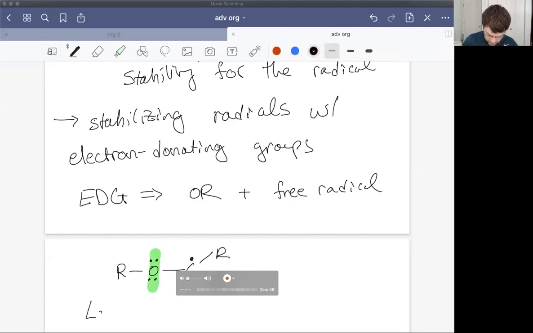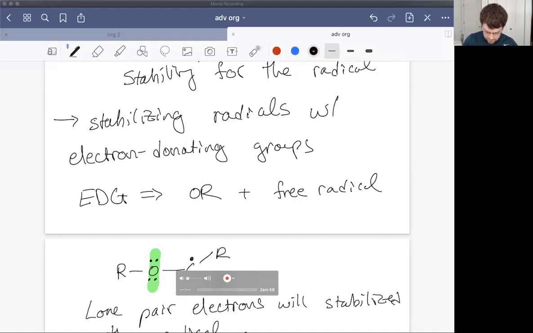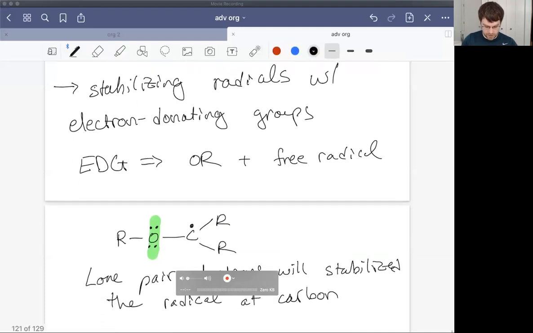The lone pair electrons will stabilize the radical at carbon. Okay. Let's consider a resonance structure of that.